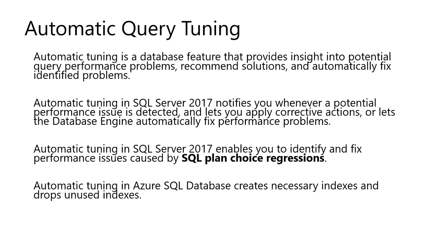Again, someone has to be in front of the console at 3 a.m. In SQL Server 2017, Microsoft added an additional layer to Query Store, which is called automatic query tuning, right?